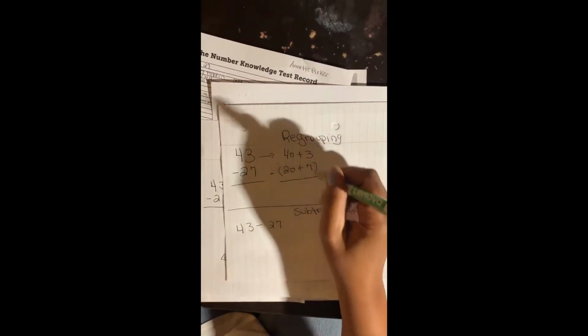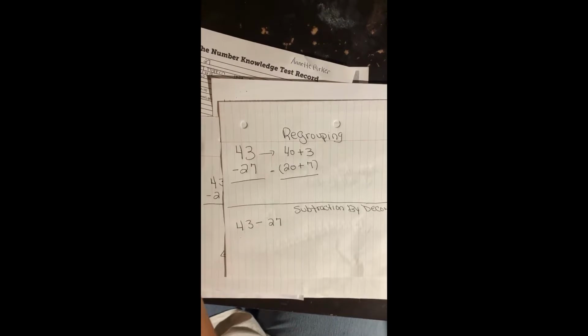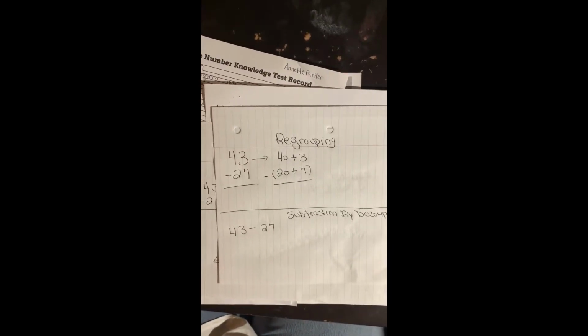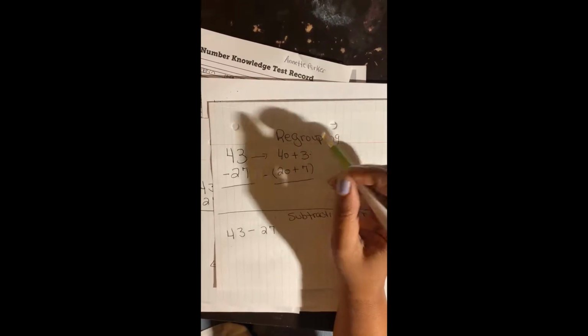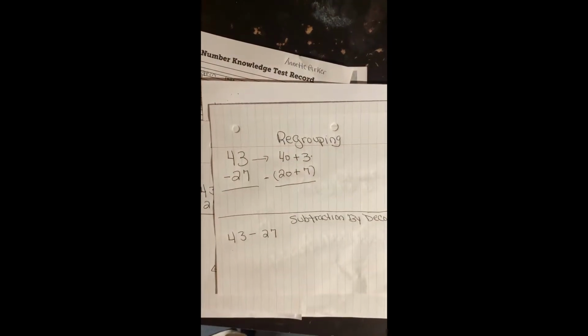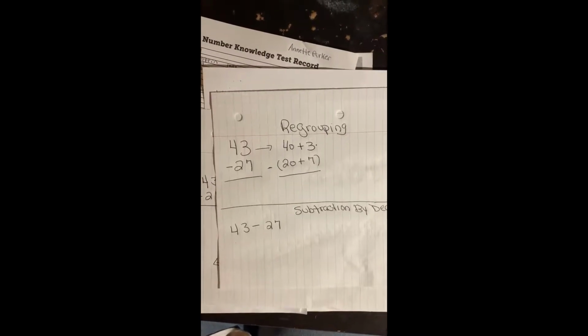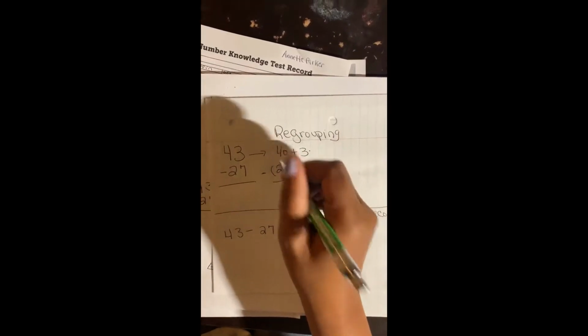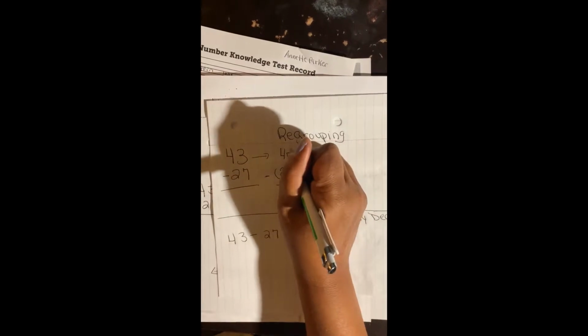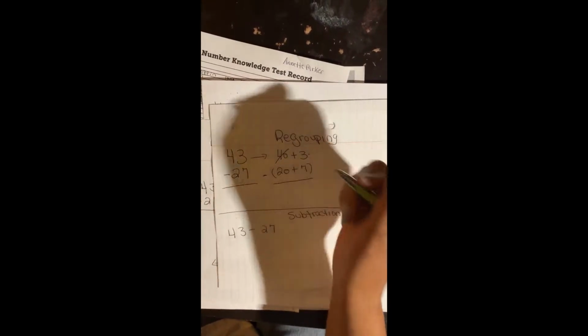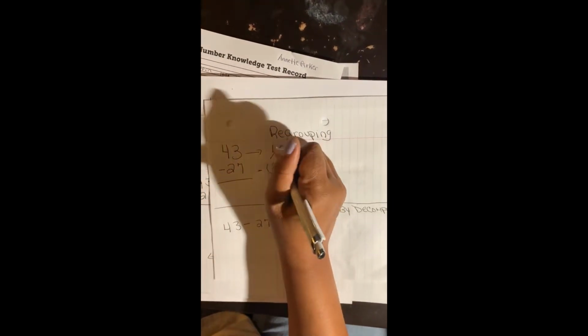Now, when you look at your ones column, you notice that you have a 3 and 7. So we need these 3 ones to be greater than 7. So what we can do is go into the tens column and borrow a 10.